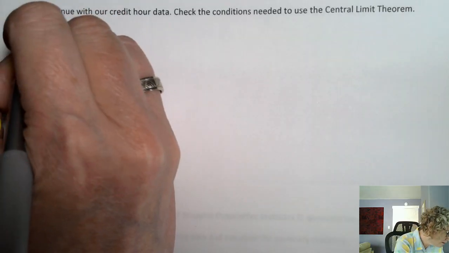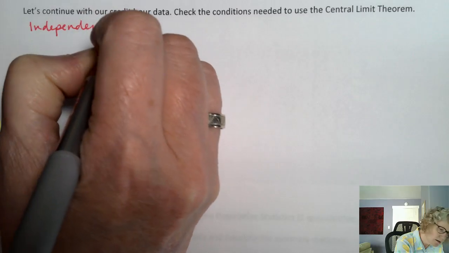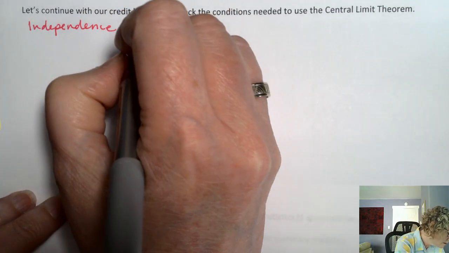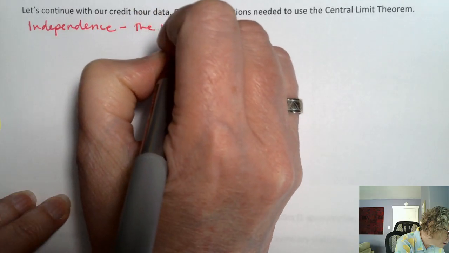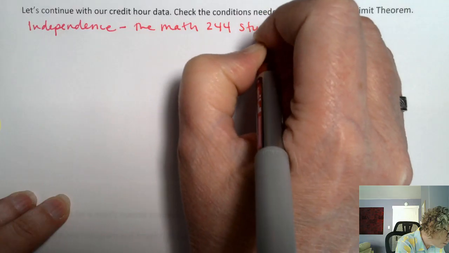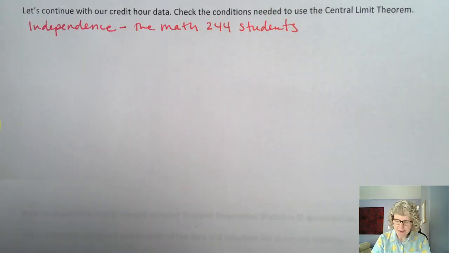Okay, first one is independence. So the Math 244 students, math or stat. Now this was a fake random sample, and I'll show you why when we look at the graph.